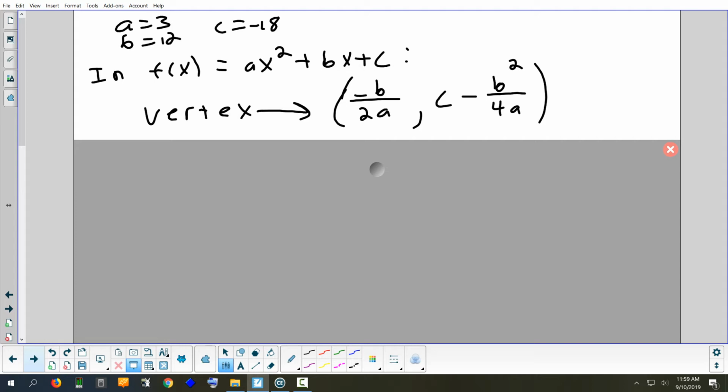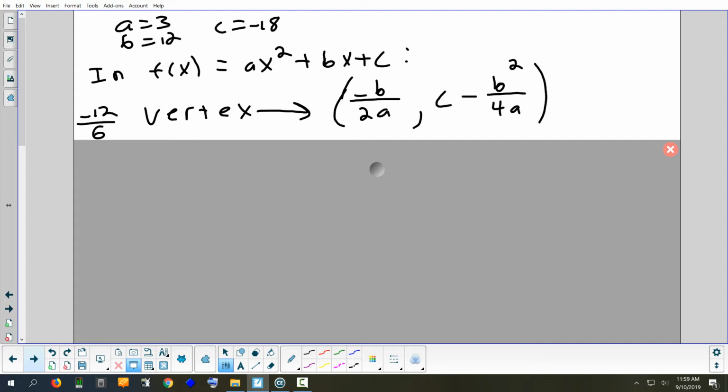Does anyone remember what the x value of our vertex was? -2? Yeah. All right, let's try this. -b, so -12 divided by 2 times 3. 6. What's -12 divided by 6? -2. There's the x coordinate of your vertex.